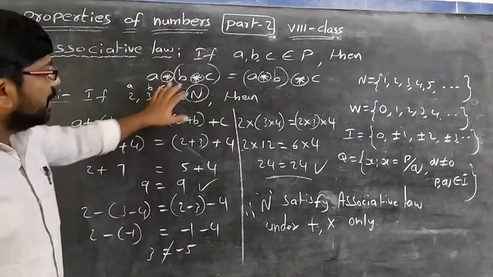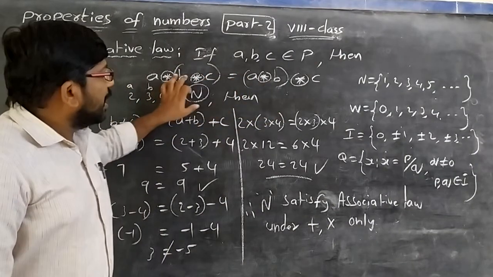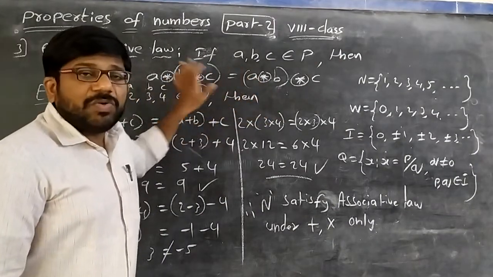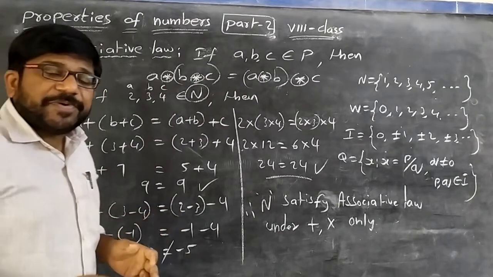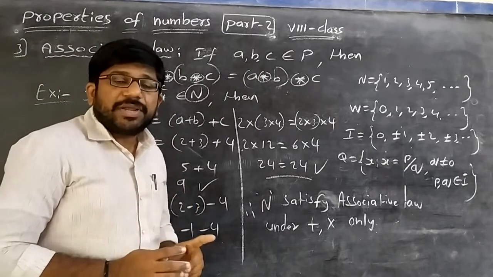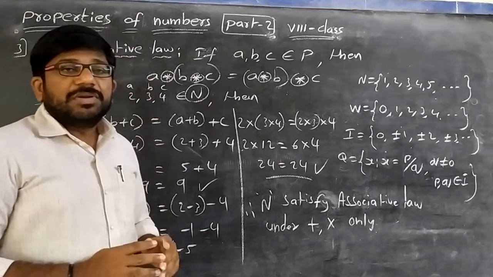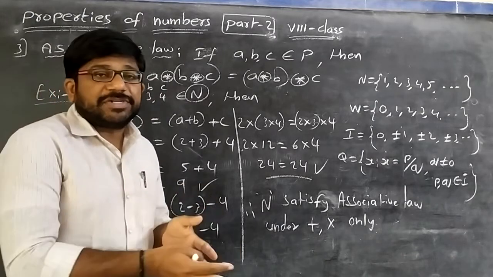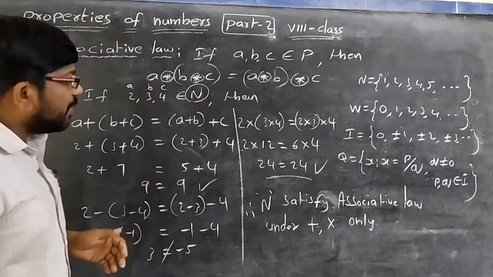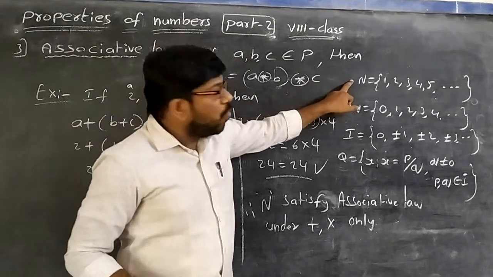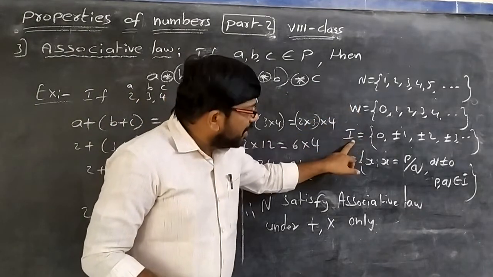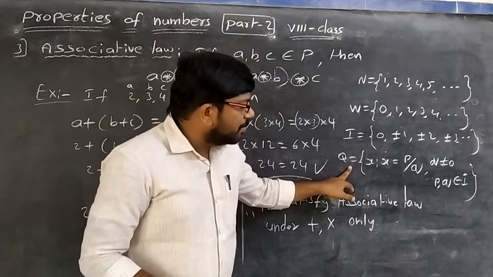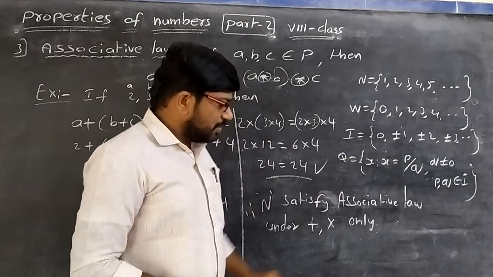So when given equalities in this way, LHS, RHS, in this equality, it satisfies under only addition and multiplication, not subtraction, not division, because in division they are reversible, right? So in the same way, not only N, whole numbers also, and integers also, and the rational numbers also, right?